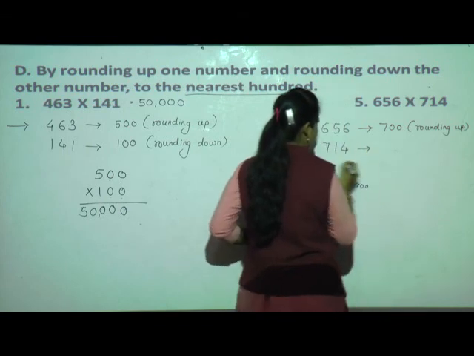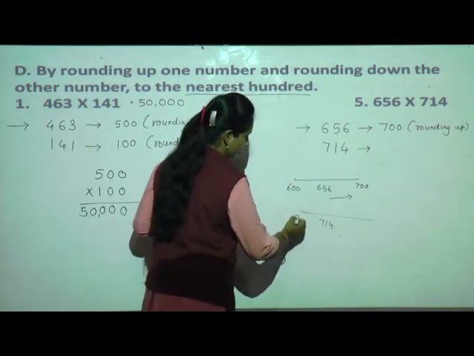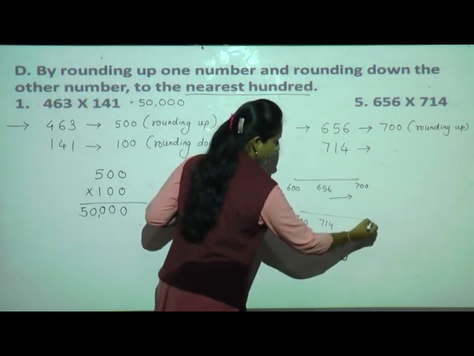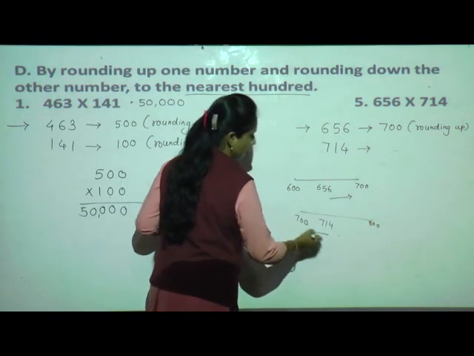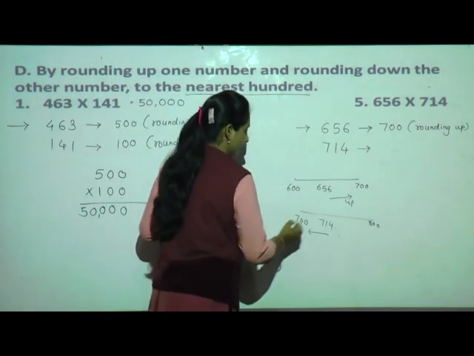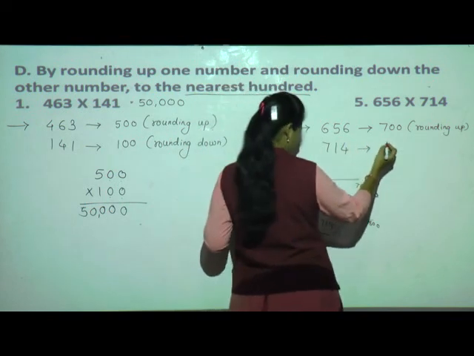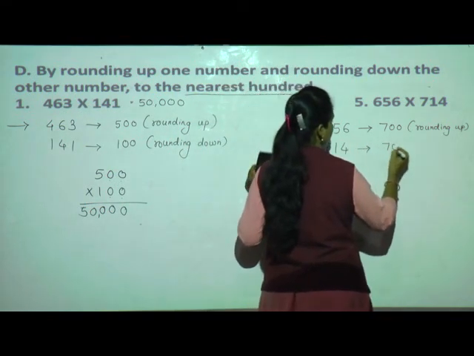And the other number is 714. 714 lies between 700 and 800, isn't it? So we have to take one number down. This is up and this side is down. So we will take again 700 only.